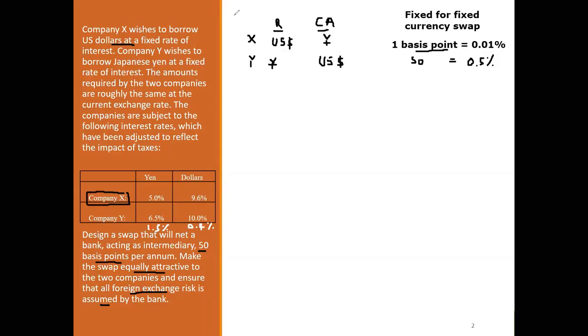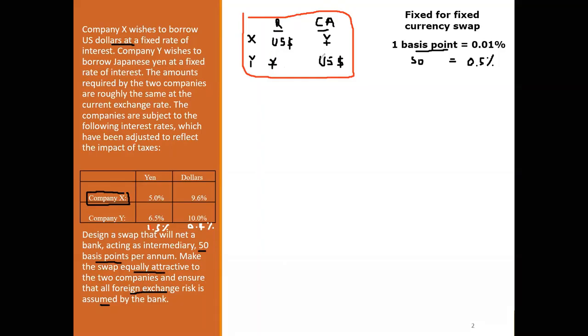Now, this scenario creates a basis for swap, because while X has a comparative advantage in the yen market, what X requires is a loan in US dollars. But Y has a comparative advantage in the US dollar market, while what Y requires is yen.